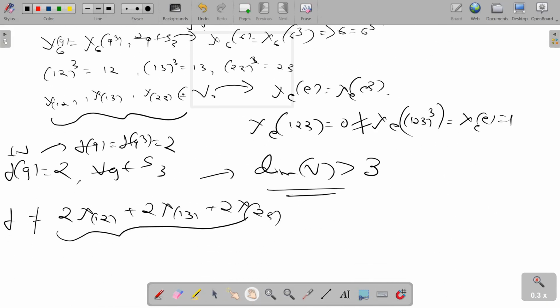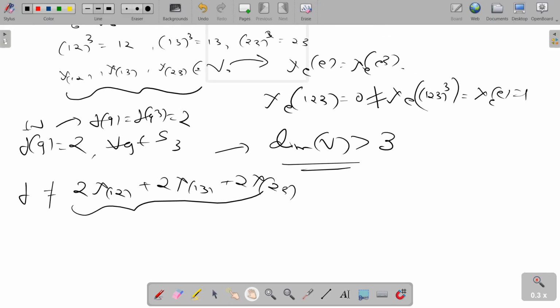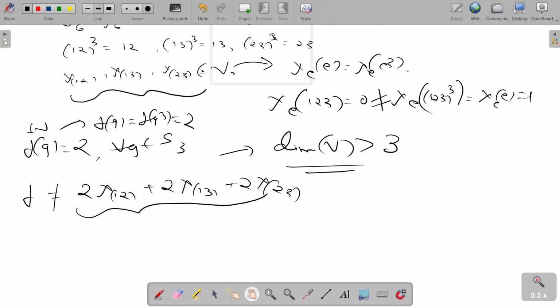Now we can take this a step further. Dimension of V is greater than 3, so what is the dimension? It might be 4, it might be 5. Let's go above and beyond and try to find a basis which gives us this. So let me define chi identity.